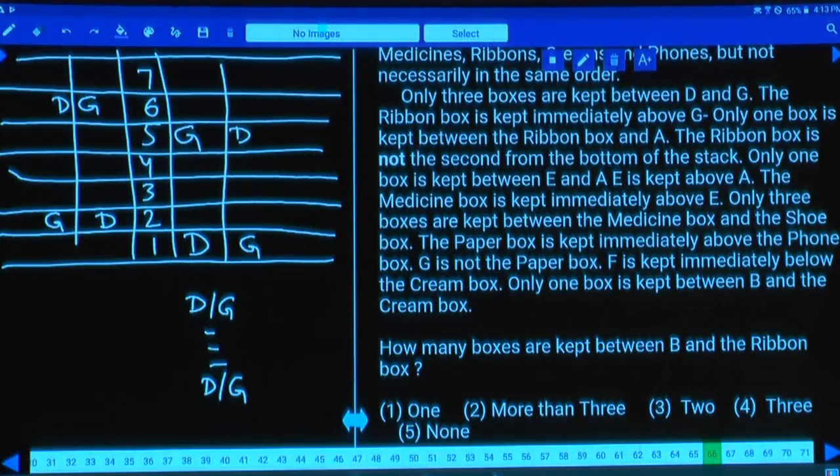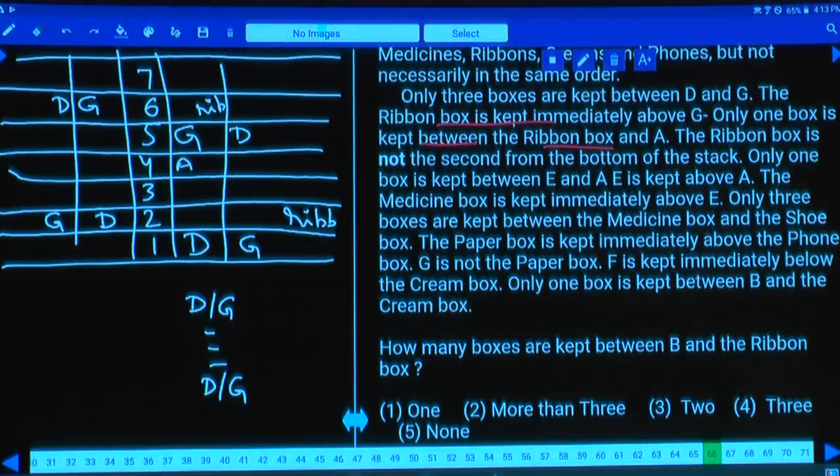Then if you work out like this, only 3 boxes are in between D and G. The ribbon box is kept immediately above G. Ribbon is immediately above G, hence this must be ribbon, isn't it? Ribbon is kept immediately above D, and only 1 box is kept between ribbon box and A. Ribbon and A, there must be exactly one.